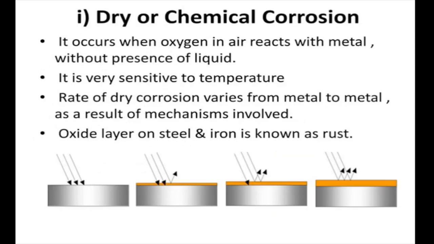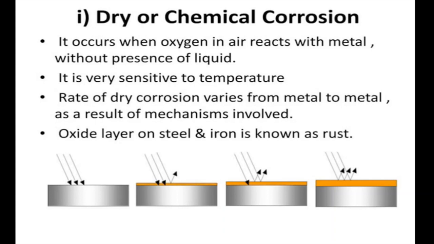So in case of dry or chemical corrosion, what exactly happens? It occurs when oxygen in air reacts with metal without presence of liquid. It is very sensitive to temperature. The rate of dry corrosion varies from metal to metal, so a different mechanism is involved.